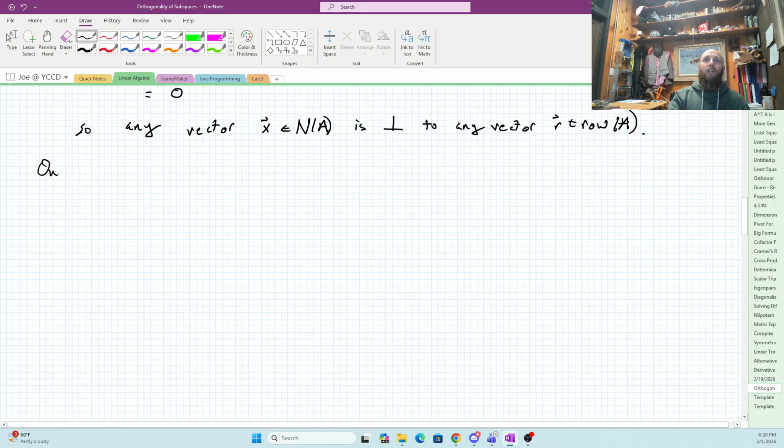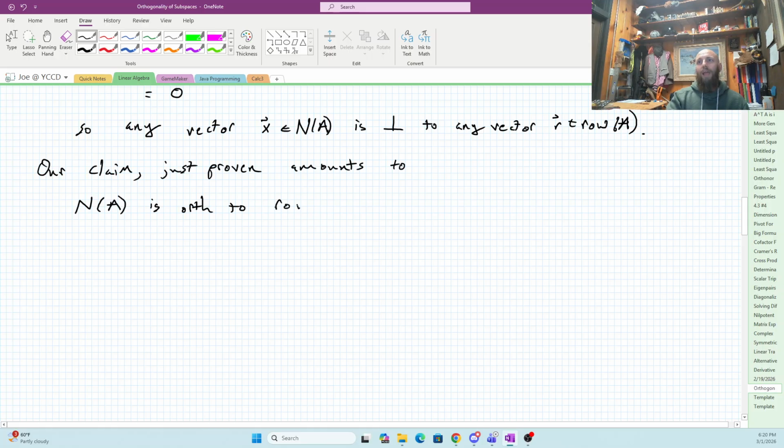So our claim, just proven, amounts to the null space of A is orthogonal to the row space of A. Now, I didn't use anything special about the matrix A. So what that means is we can apply this to A transpose.